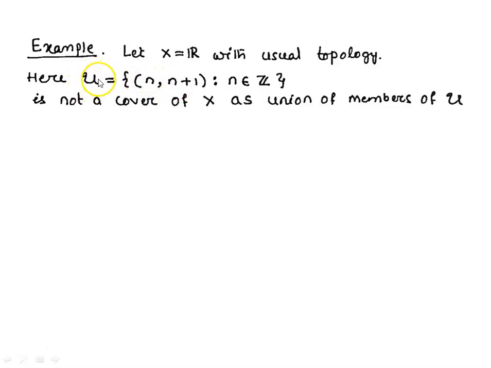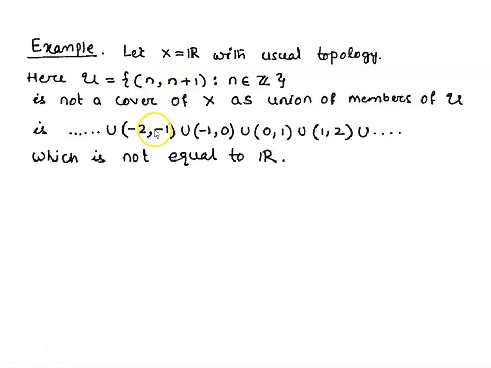Now the question is, is this a cover of R? If we take the union of all these open intervals, then what do we have? We have (0, 1) union (1, 2) union (2, 3), like this. And on the left hand side, we have the union of (-1, 0), union of (-2, -1), union of (-3, -2), like this.